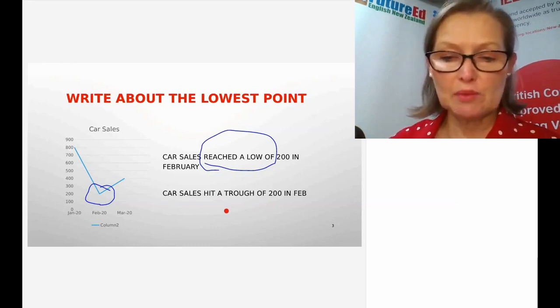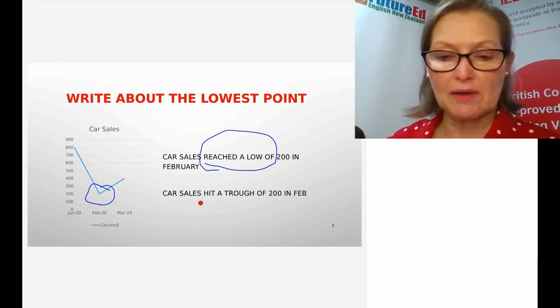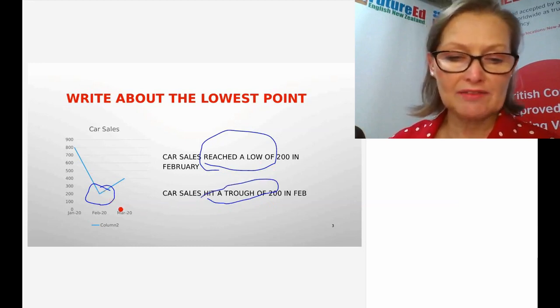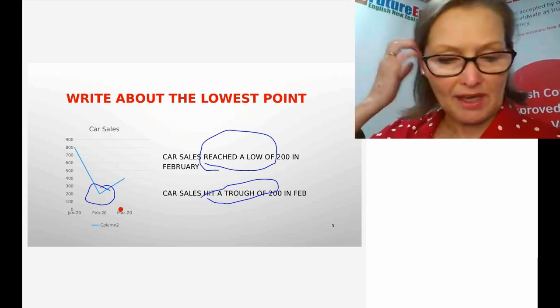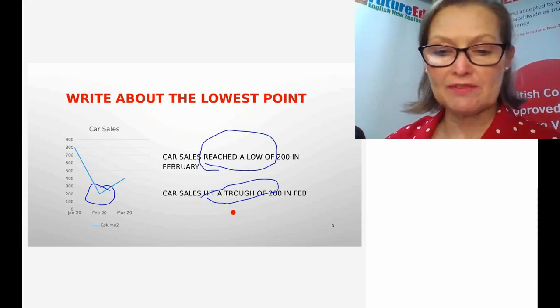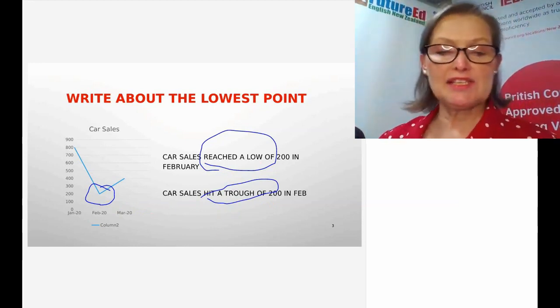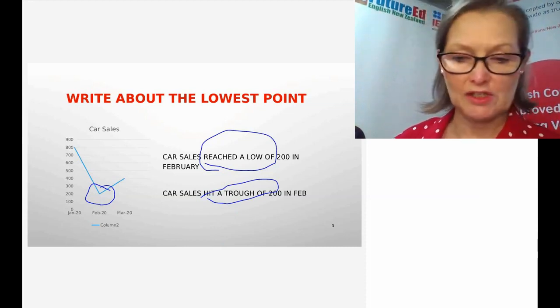And another word that we could use in this instance is car sales hit a trough of, and that little trough is right at that little V point there, the lowest point, and we call that a trough. So note the spelling of that word, and once again the collocation is very tight, so that's all the vocabulary you need to use for that one.